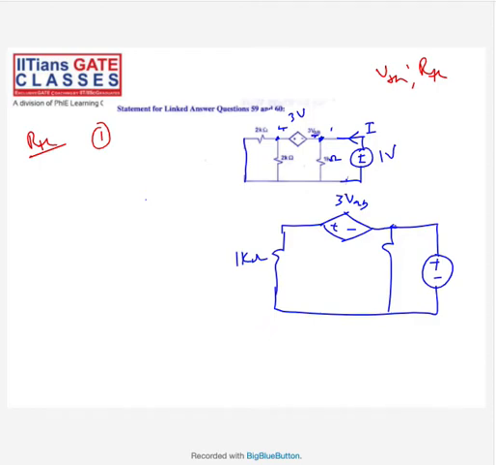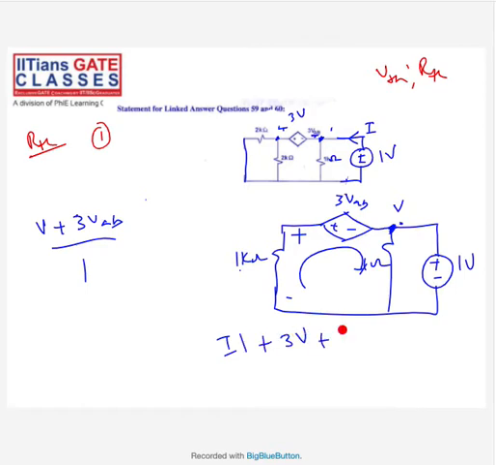So if I see currents here, the value I took as V. If I write down the currents here, what will I get? V plus 3 VAB by 1. If I see here, this is some value I into 1 kilo ohm. I into 1 plus 3V plus V equal to 0.